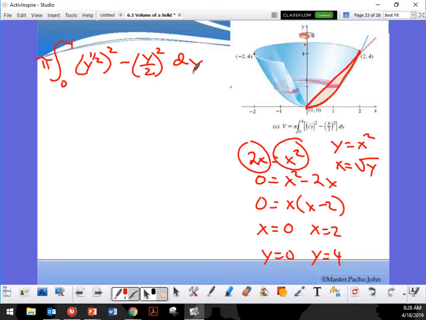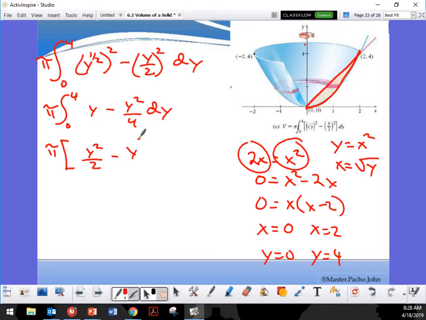Alright, so let's now do our math on this. So I'm going to go pi integral from 0 to 4 of y minus y squared over 4 dy. Pi times y squared over 2 minus y cubed over 12 from 0 to 4.